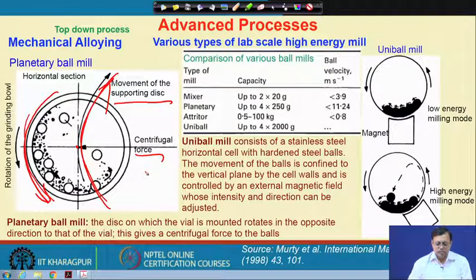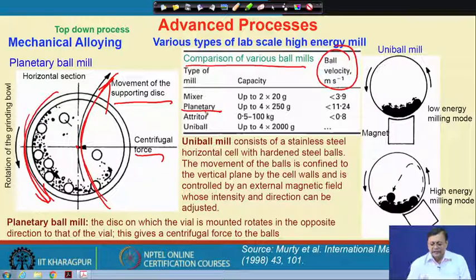Now, if you compare between these various types of mills, the comparison basically says that the ball velocity could be very high in case of a planetary mill. So, you see this velocity, whereas a simple mixer mill or attritor mill cannot go up to such a case. However, for a smaller scale we can take assistance of the uni-ball mill.